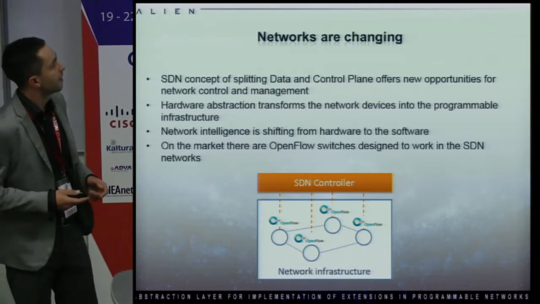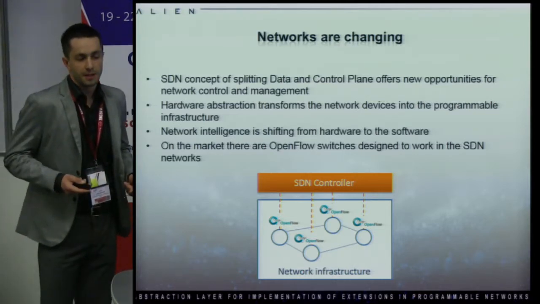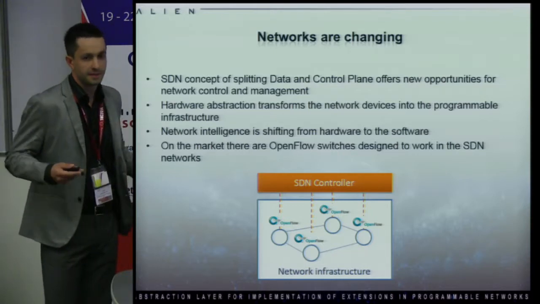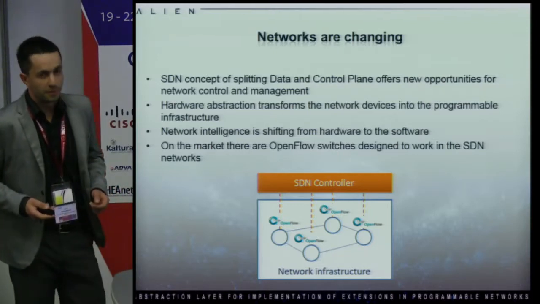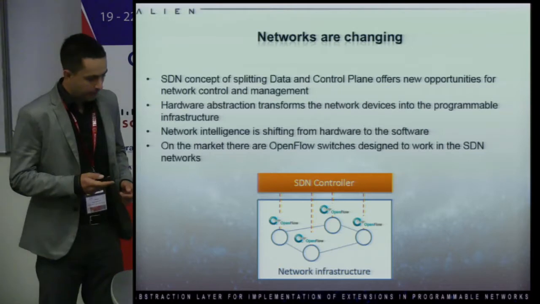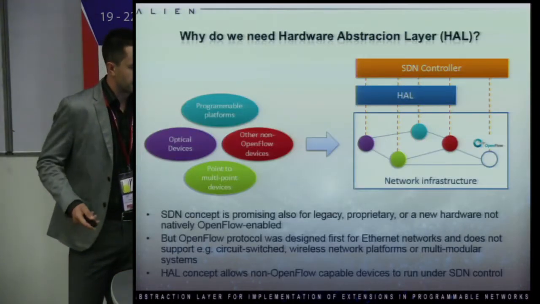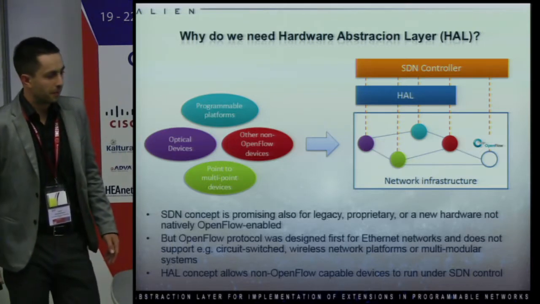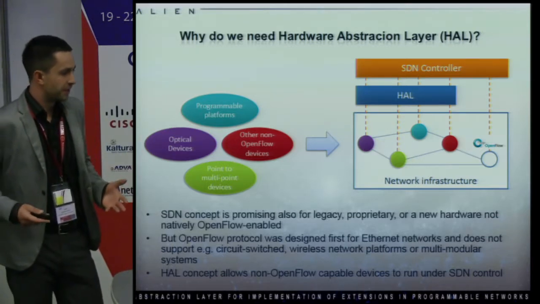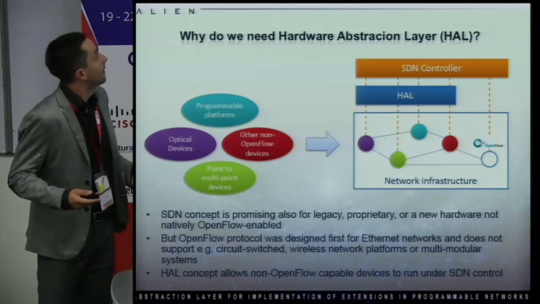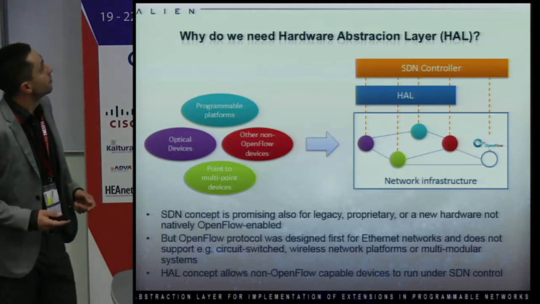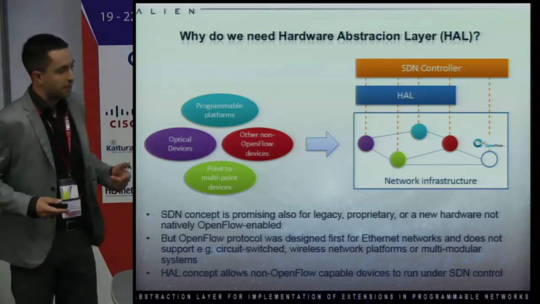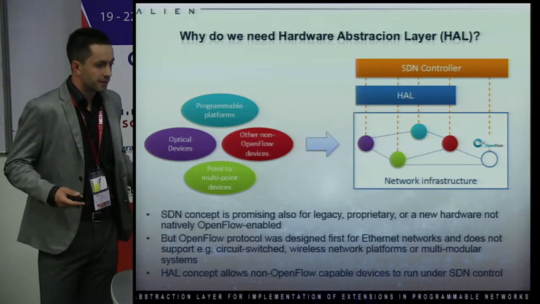On the market, there are currently many OpenFlow switches which are designed to work with the OpenFlow protocol. And that's okay, but what about devices that don't support OpenFlow natively, like optical devices, point-to-multipoint devices, programmable platforms, and others?